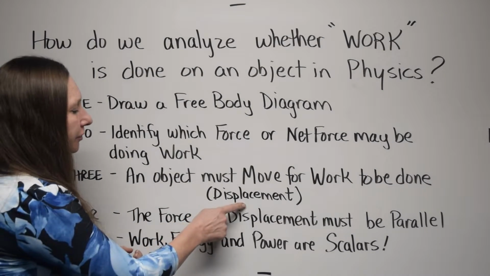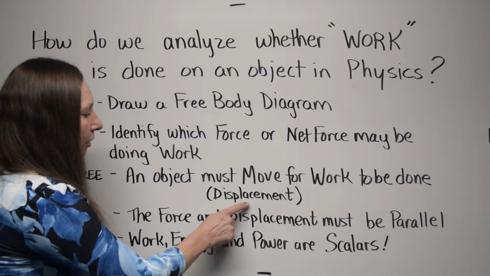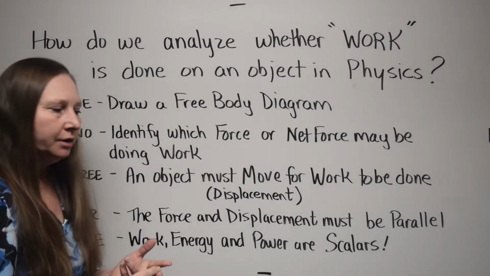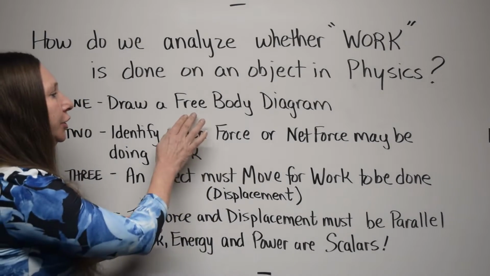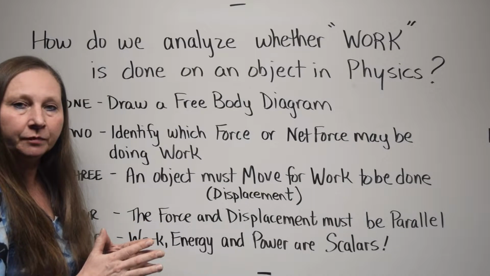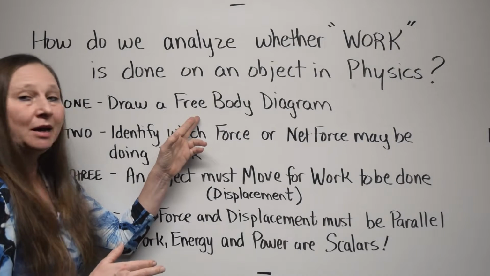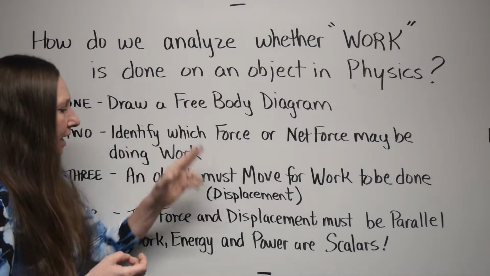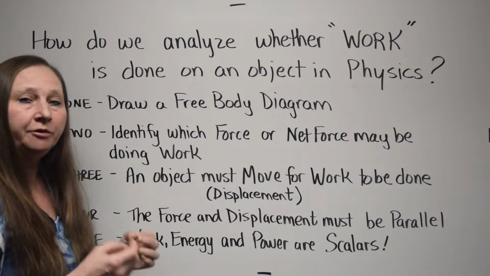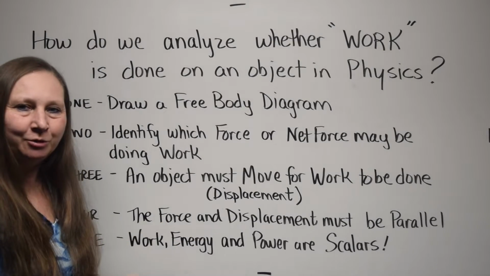Now, the other thing you should do is if the object moves, then write the magnitude and the direction of the displacement near, not on, but near your free body diagram. So you want to know all of the forces, especially the force that is doing the work, and you want to know the displacement when you try to figure out if work is being done on an object.